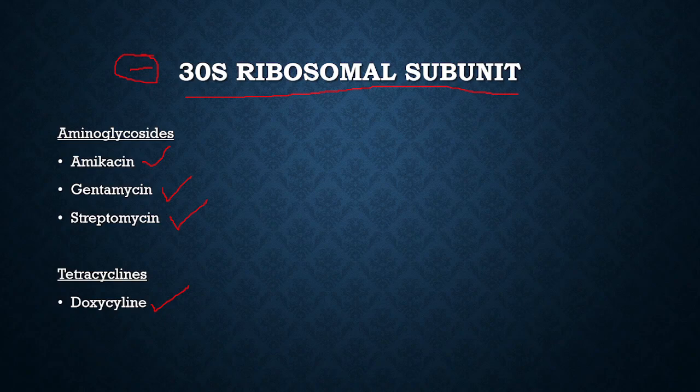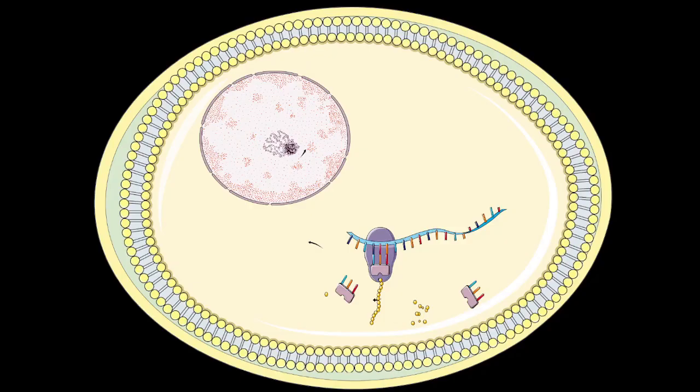Then if we go to the bacterial cell, it's going to be this little part, the small part over here. If that's inhibited, then it's going to be hard for the mRNA, which is this blue string, to anchor and make proteins.